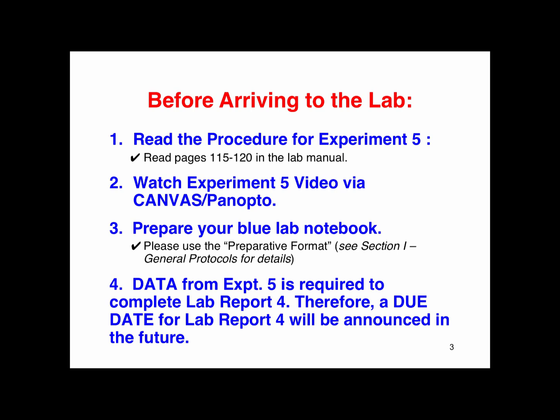So the recrystallization, you'll get melting points and masses and so on of your recovered and recrystallized acetanilide. That's going to be required to complete lab report 4. So once we've gone through next week and we've gotten that data, then we'll announce at some point in the future when lab report 4 is actually due. But it's not going to be for at least another week.